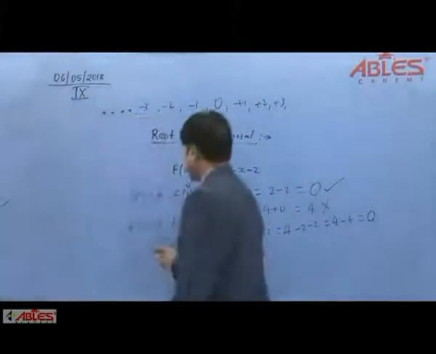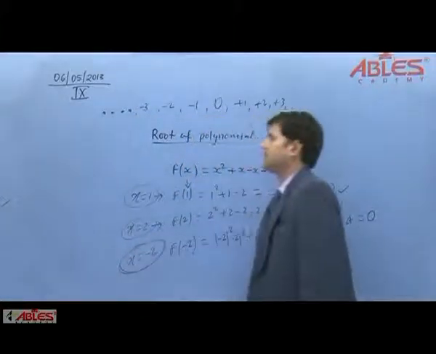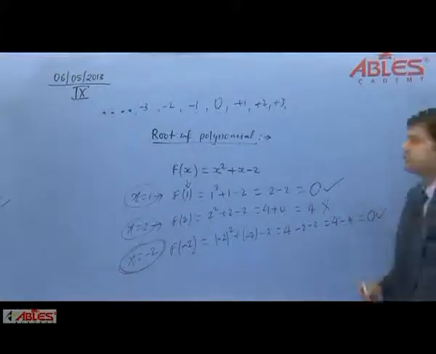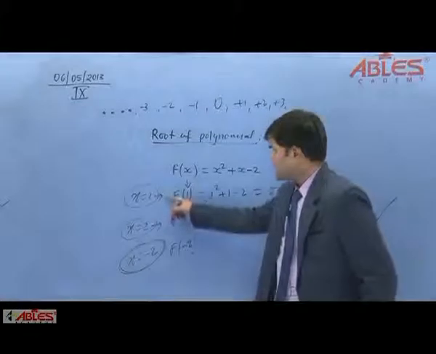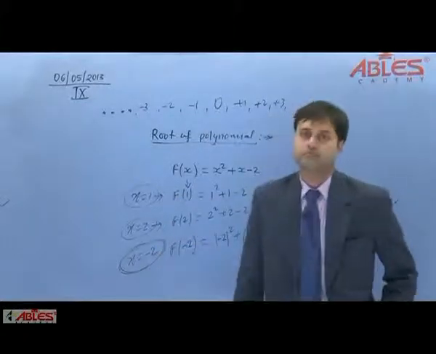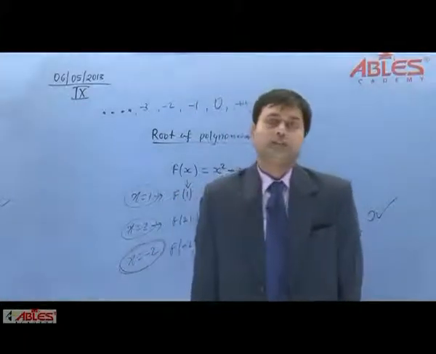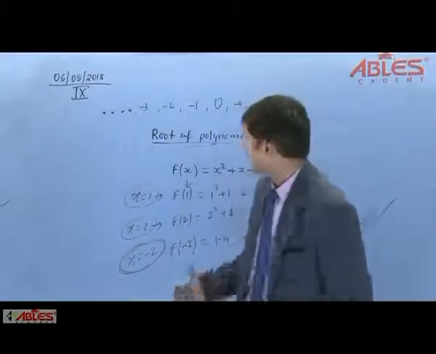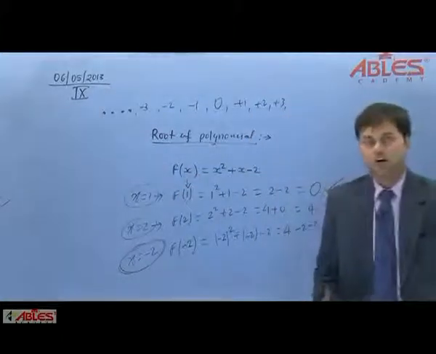So in this case we get two roots of the polynomial, x equals 1 and x equals minus 2. Now I think it is clear to you how we can check whether the given value is the root of the polynomial or not.